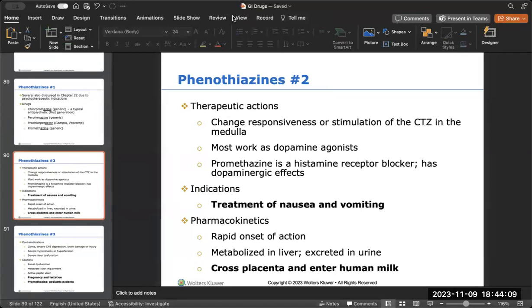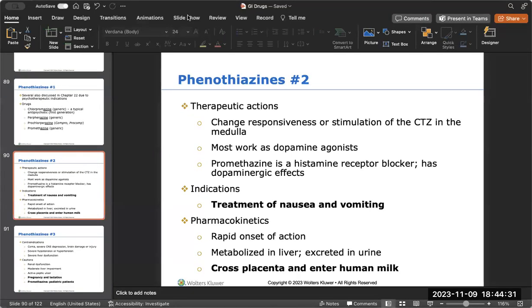So, long story short, they change the responsiveness of the stimulation of those receptors in the medulla or the brain, and they basically cause you to stop vomiting, okay? They pretty much work as dopamine antagonists. They work on those dopamine receptors, okay?